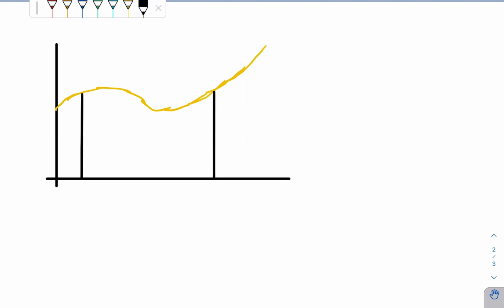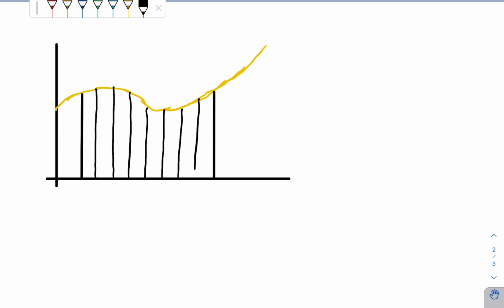Okay, so how do I do this? Well, a nice way to do this is to divide this into many little rectangles, a discrete number of rectangles. Then I will sum all of these rectangles and find their areas.